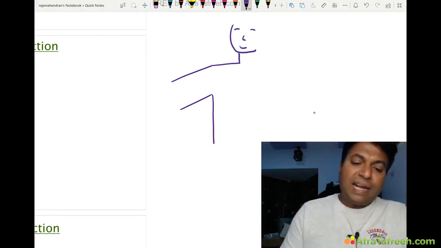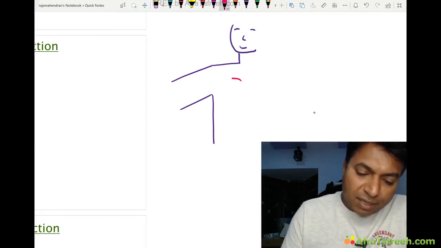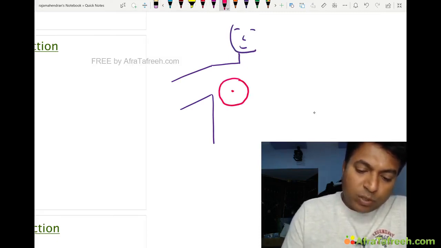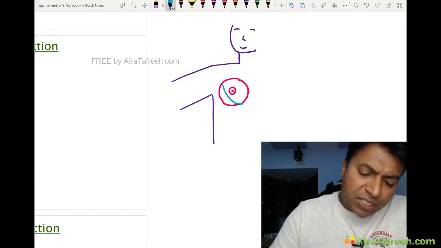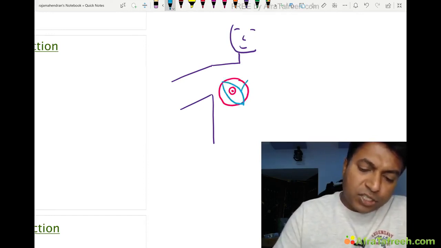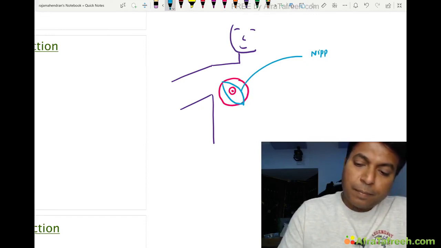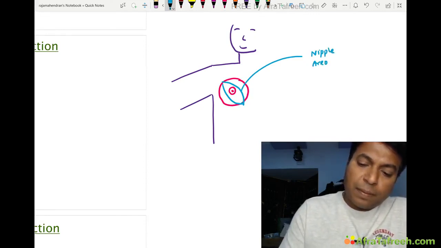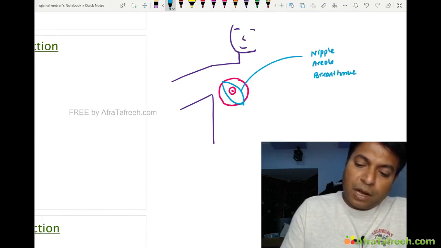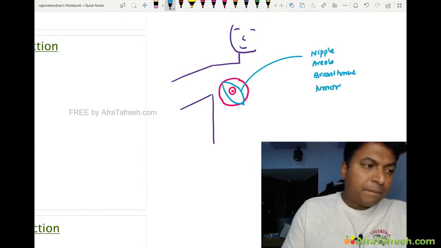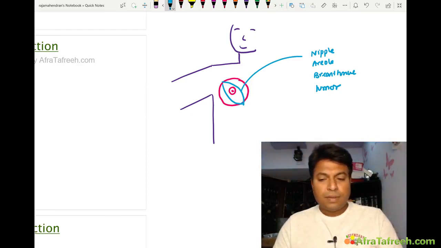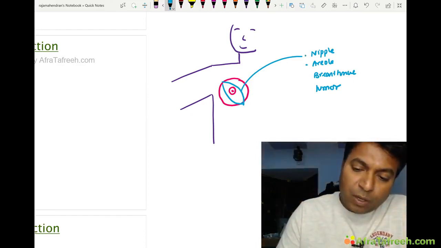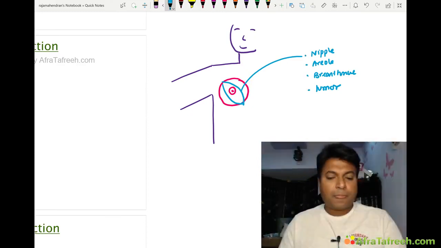We remove the nipple and areola, we put an elliptical incision and remove the breast tissue. Nipple, areola, entire breast tissue along with the tumor.